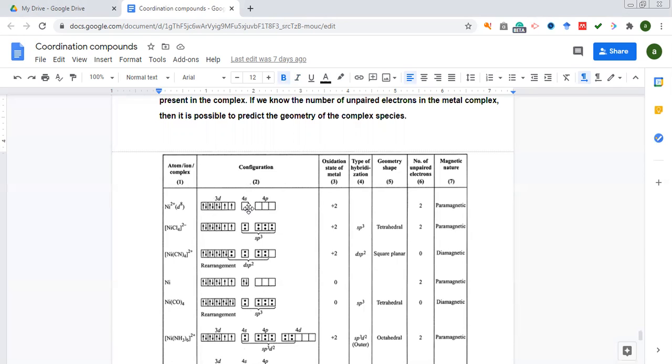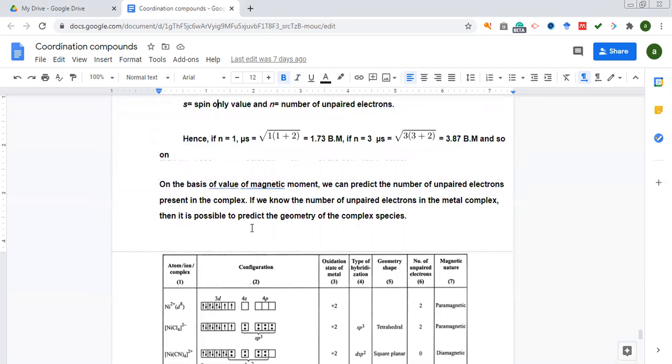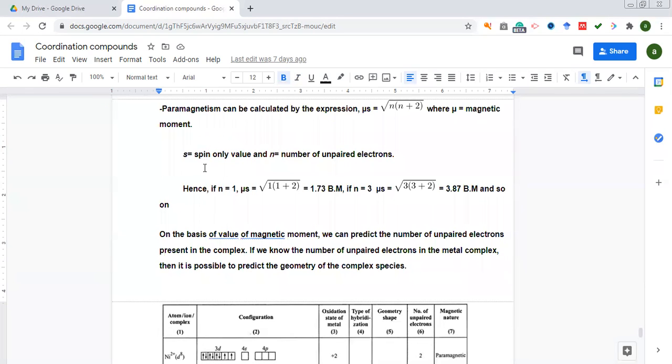So when we have paired electrons, the spin also decreases. That's why the magnetism of complex compounds is calculated in terms of the number of unpaired electrons, because the spin quantum number depends purely on the number of unpaired electrons, instead of the spin quantum number and spin of electrons.